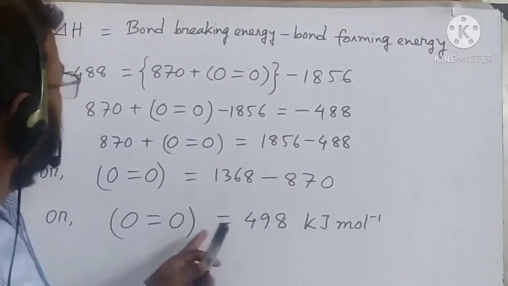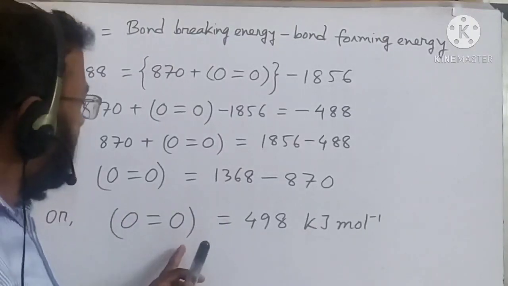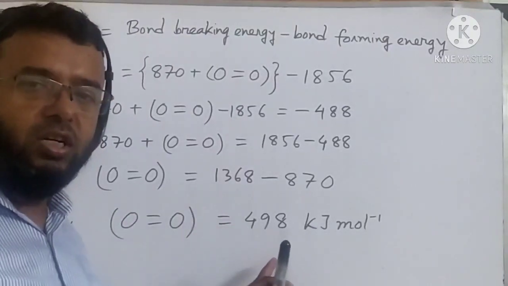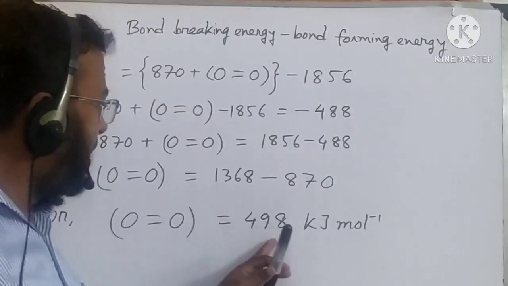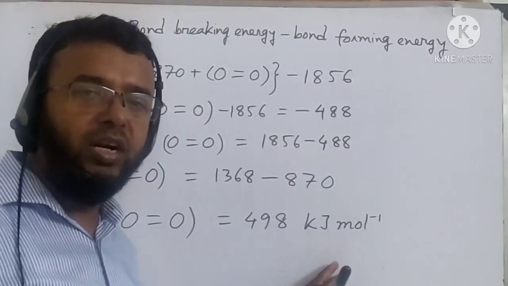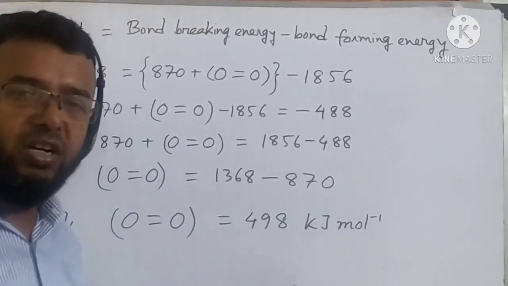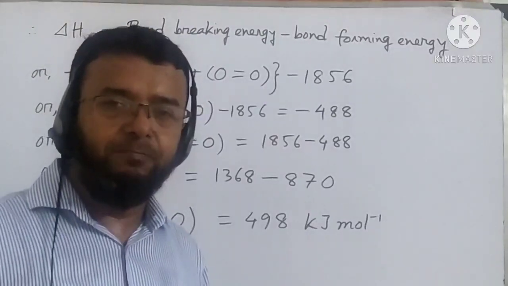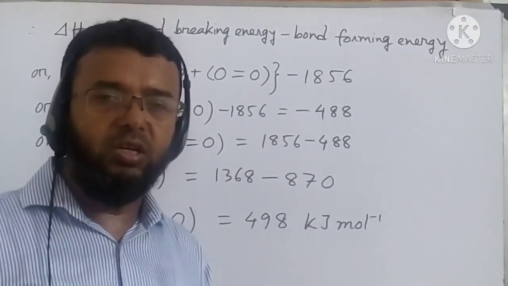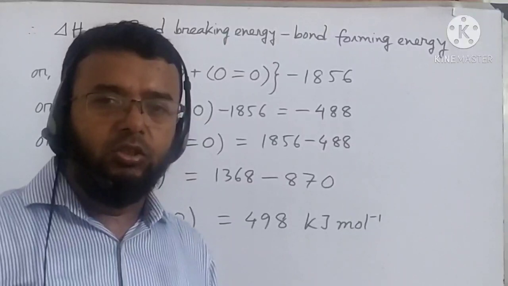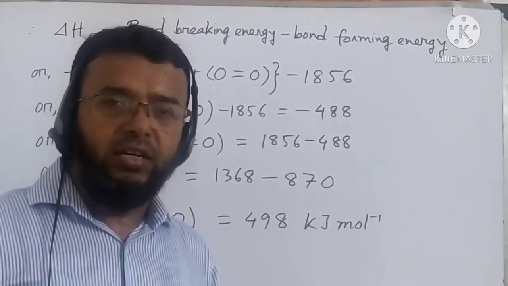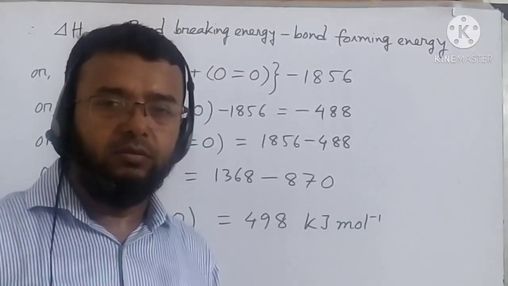So here we have got the value, 498 kilojoule per mole, and it is the answer. So now if you understand these three types of maths, I think you can solve all types of mathematical problems. So all of you write it in your classwork copy and practice.